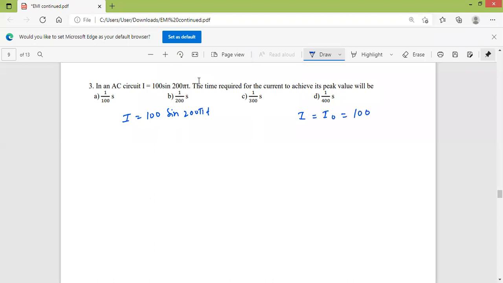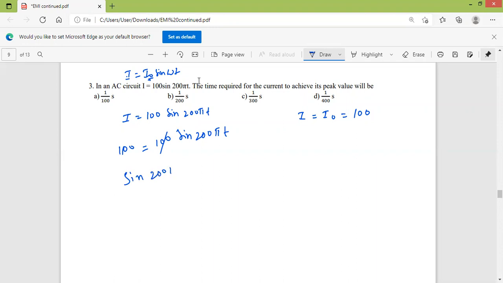I naught is equal to 100. You know that the general equation is I is equal to I naught sine omega t. For the current to achieve its peak value, I has to become I naught, that is 100. So 100 is equal to 100 sine 200 pi t. 100 cancels.